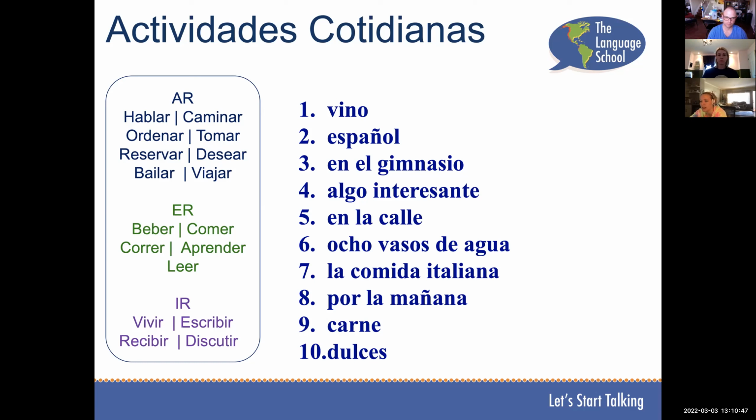¿Bebes 8 vasos de agua? Sí, yo bebo 8 vasos de agua. I don't see that on there. How about ¿ordenas la comida italiana? Sí, ordeno la comida italiana.